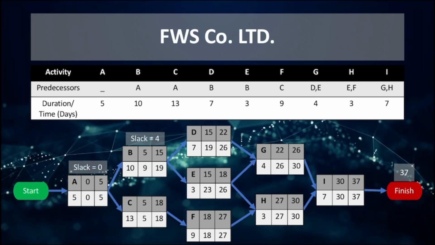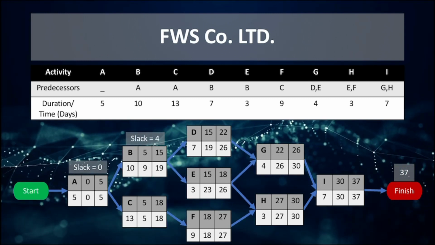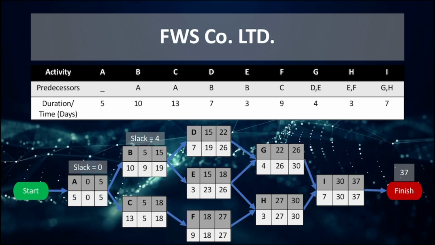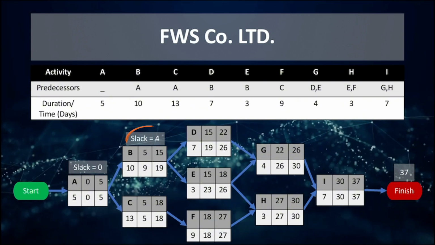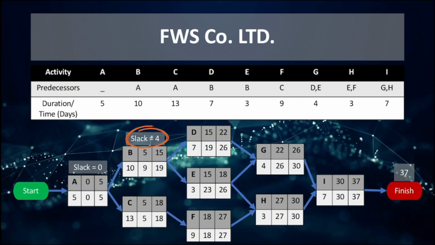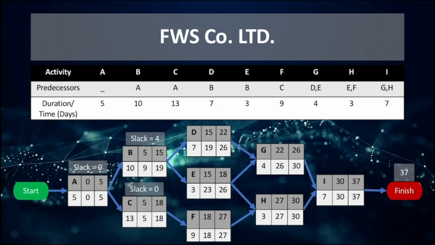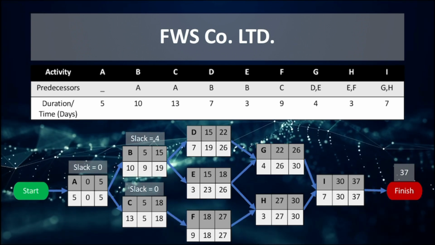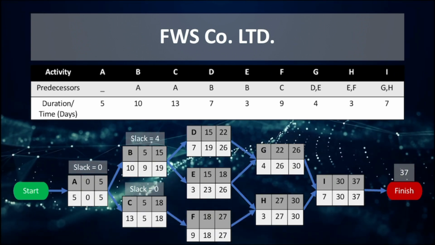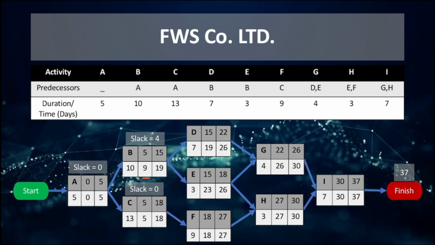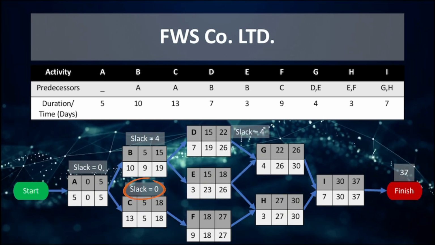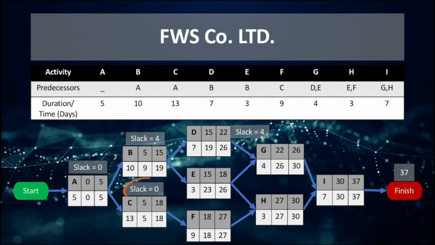The slack for B is 5 subtracted by 9, or 15 subtracted by 9, which is equal to 4. So the slack for B would be 4. The slack for C is 5 subtracted by 5, or 18 subtracted by 18, which is equal to 0. So the slack for C would be 0.